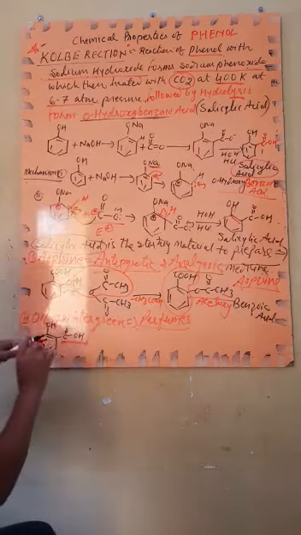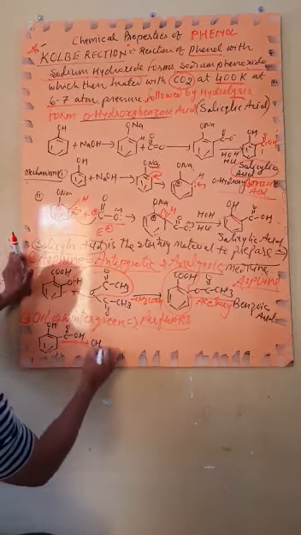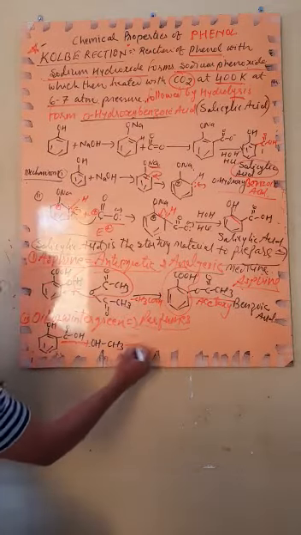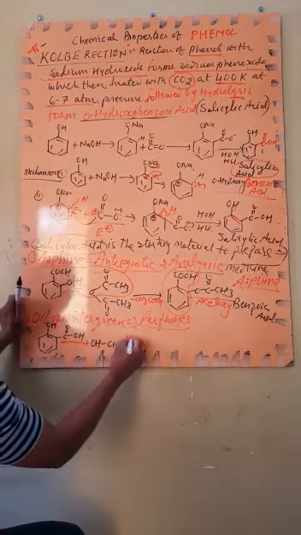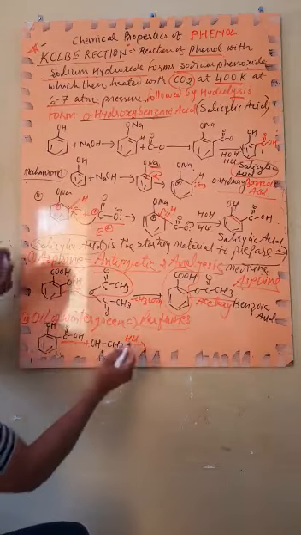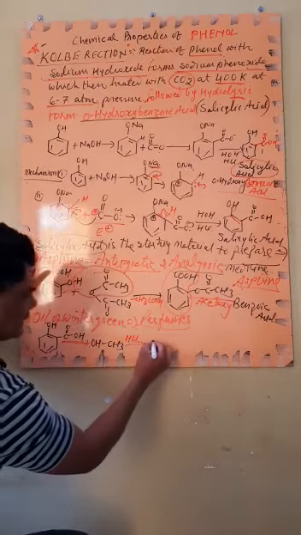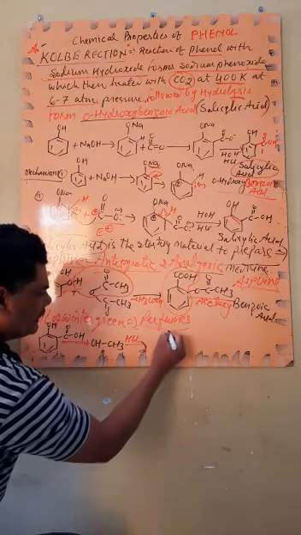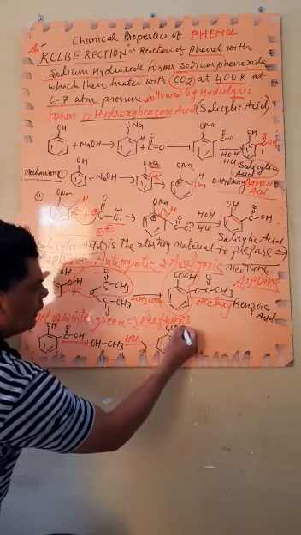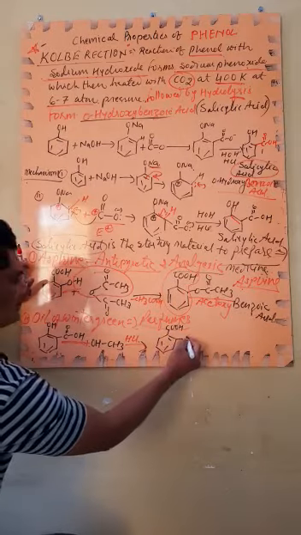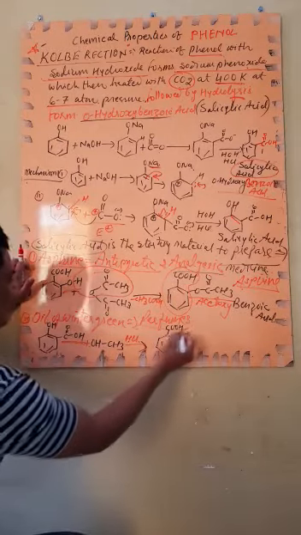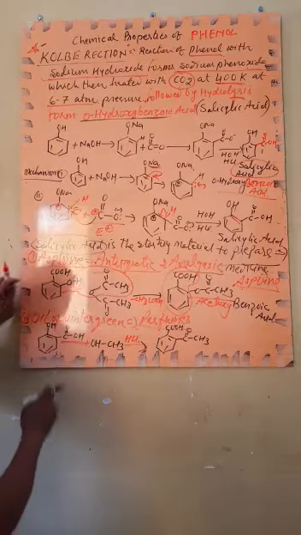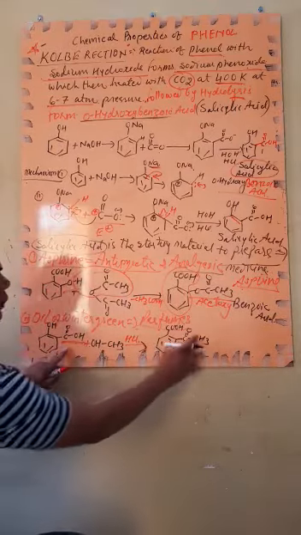When it reacts with methanol, CH3OH, in the presence of HCl, it forms a compound. Look here, there is OH and now C double bond O and OCH3. So C double bond O, OCH3.